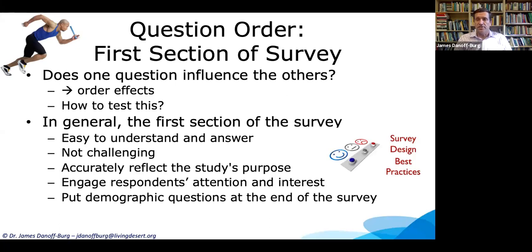Okay, so now here's the challenge. Go through your survey, and this is going to take some time. Allow yourself about 10, 15, 20 minutes, maybe a half an hour, and try to structure your survey along these lines.